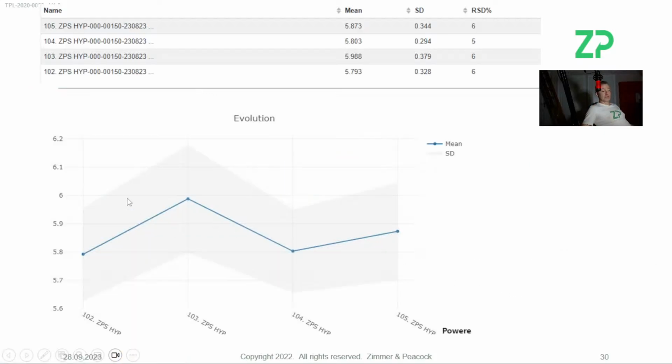And then we'll actually track the entire batch and have a look at a KPI, a key performance indicator, something like peak height, and make sure that the median of that peak height is acceptable, and the standard deviation is also acceptable as well.